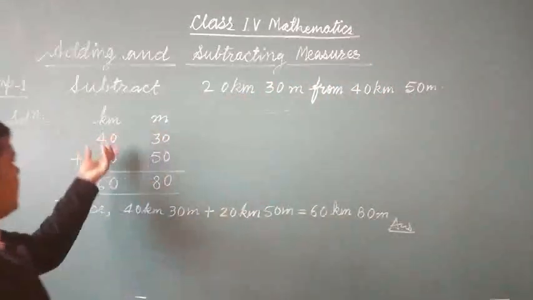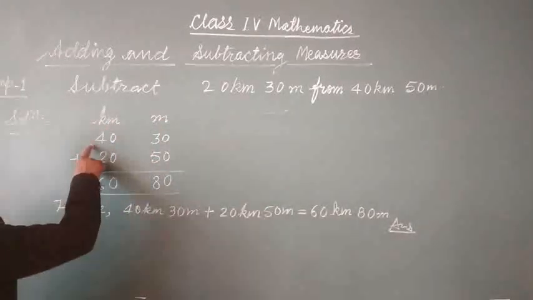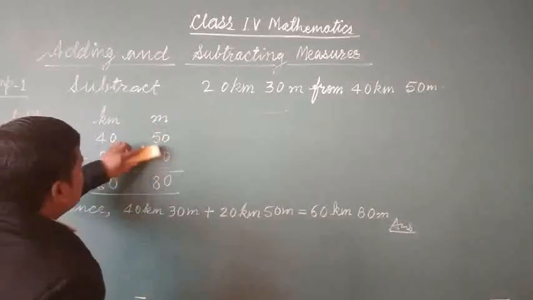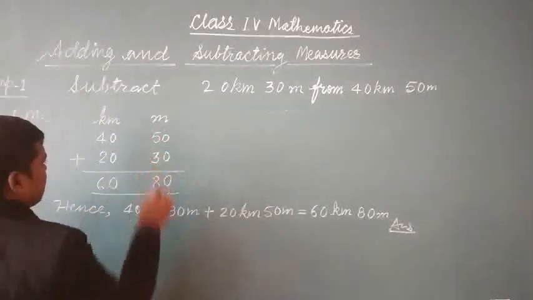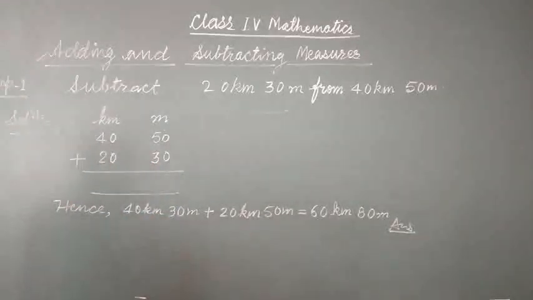Again we write the same format, kilometer and meter, and then 40 kilometer 50 meter and 20 kilometer 30 meter. Now we do the subtraction.